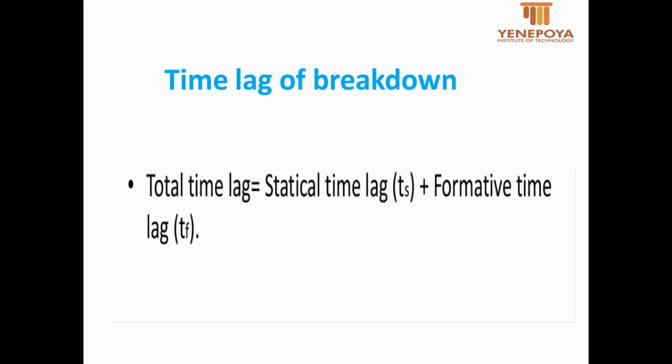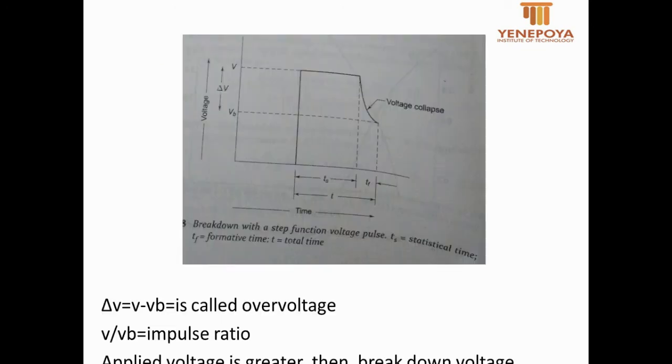Total time lag is the statistical time lag plus the formative time lag Tf. So you can observe that delta V is what? V here, Vb: we applied voltage and breakdown voltage. See here, Ts is the statistical time lag, Tf is the formative time lag, and T is Ts plus Tf.